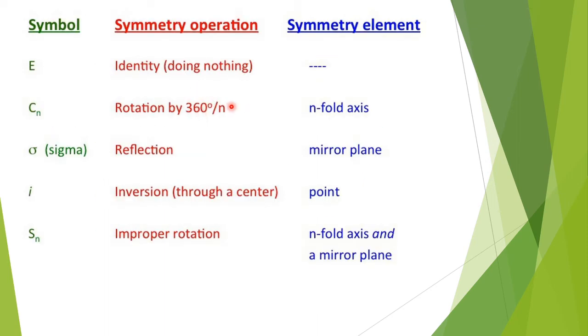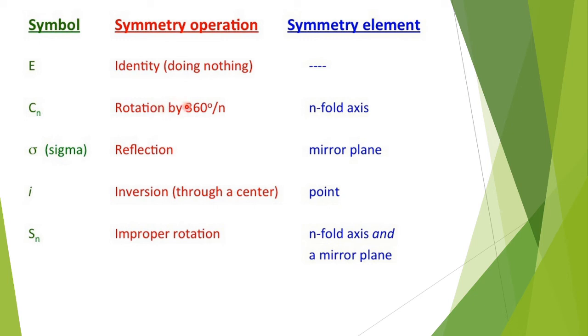Here I would like to tell you what this N, or N-fold axis, is. The total rotation we perform on an object is through 360 degrees. How do we find this N? In the case of the water molecule, we rotated it through 180 degrees to get the first similar appearance.